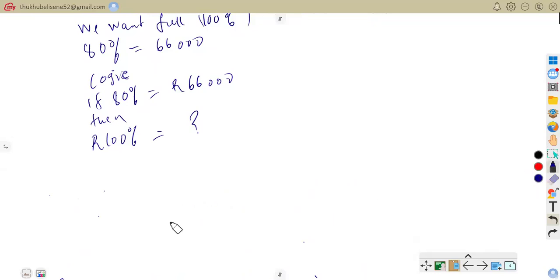We are saying 100% is going to be equal to how much? We are going to divide our 66,000 by 0.8, which is 80%. It will give us 82,500.